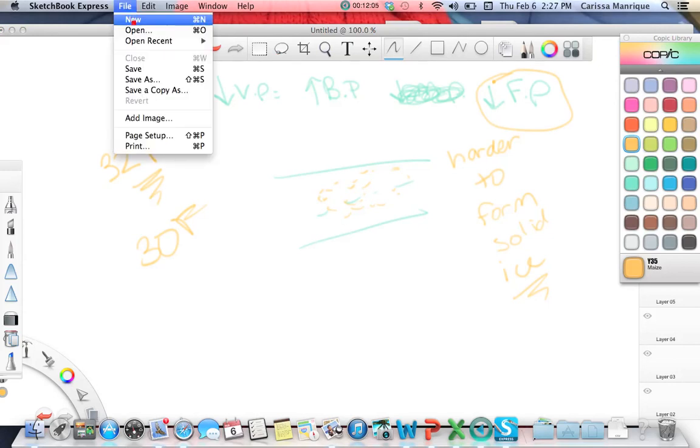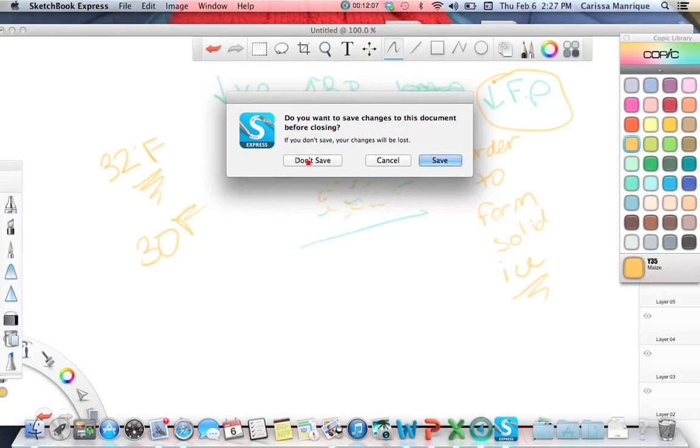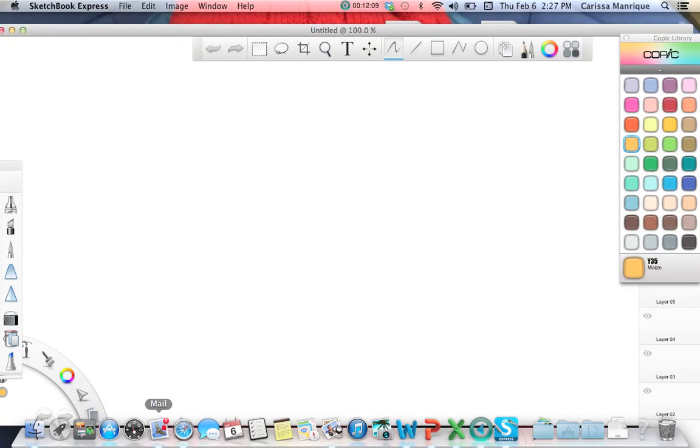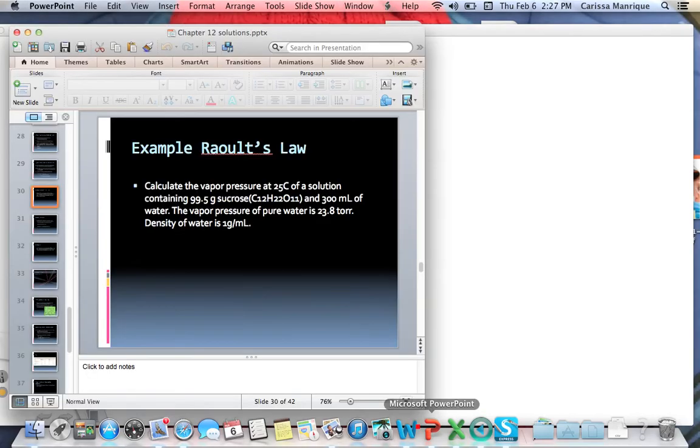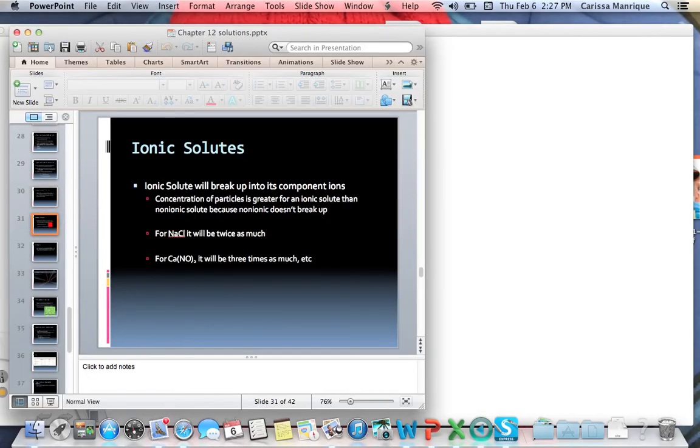Okay, so let's do another calculation. Before we were looking at sugar, which is a covalent molecule. But let's look at an ionic compound. What happens if I put a salt on there? Well, when you have a salt, it breaks up into ions, charged particles, and so it has more of an effect.